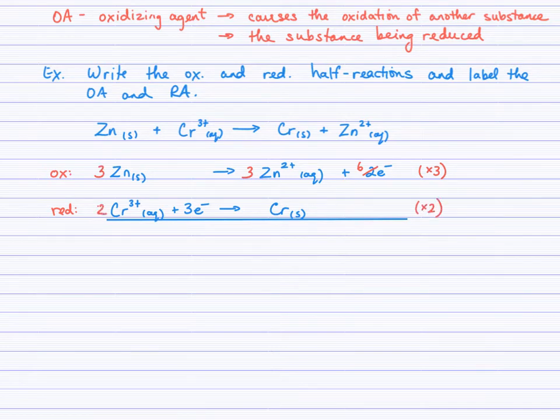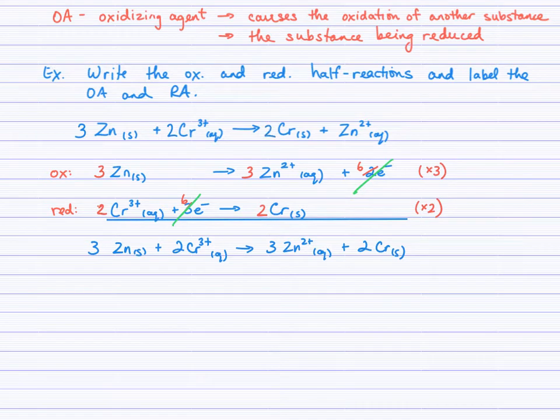I'll have to double the one below, and so we finish up with the 3 zinc solid and the 2 chromium 3 positive ions, forming the 3 zinc ions and the 2 chromium. Notice that the total electrons lost and gained are equal, and so those 6 electrons cancel. And so yes, there should be coefficients up here to write that equation properly.